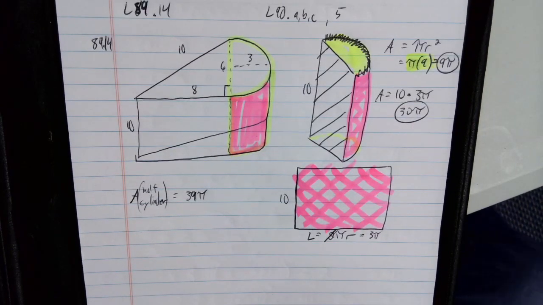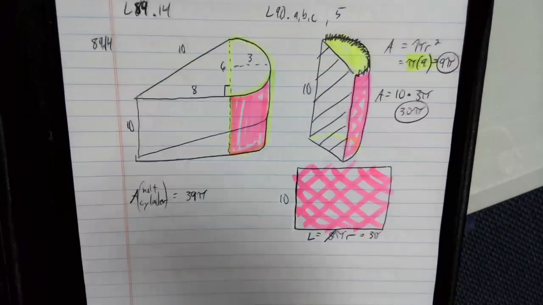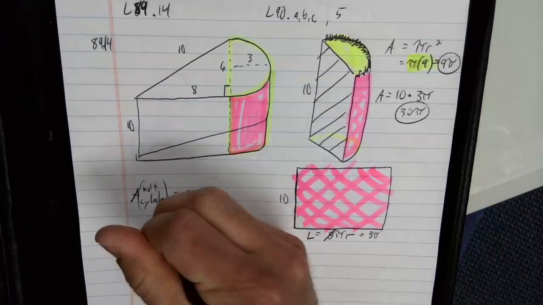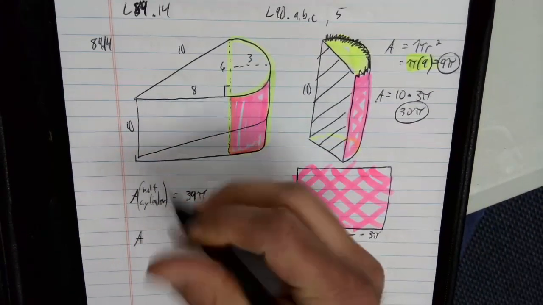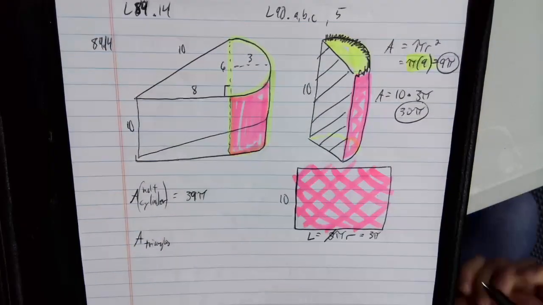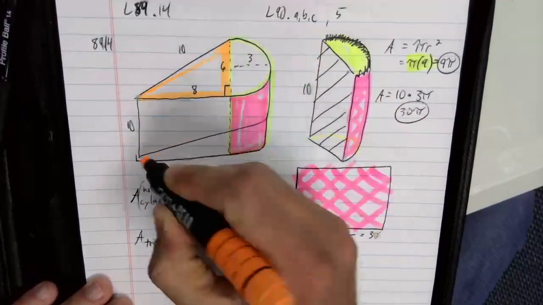Okay? So the triangular prism, you want me to get a different color out? I'll do that to help us. Purple. I don't have purple, but we'll make blue work. So now I have the area of the triangles. Why? Because there's two. There's one on top and one on bottom.